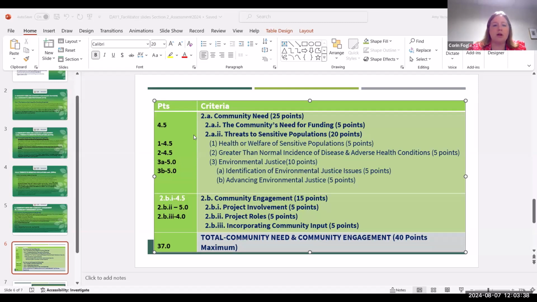Okay, so then the greater than normal incidence of disease, we thought that one was very good. I think we awarded a 5 for that one. They explained percentages and had a lot of statistics, which was good. They compared the percentages of the health outcomes to state and national percentages.